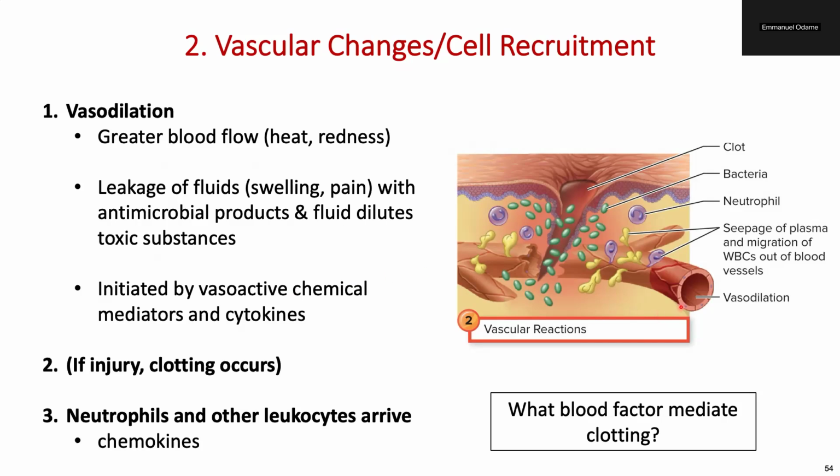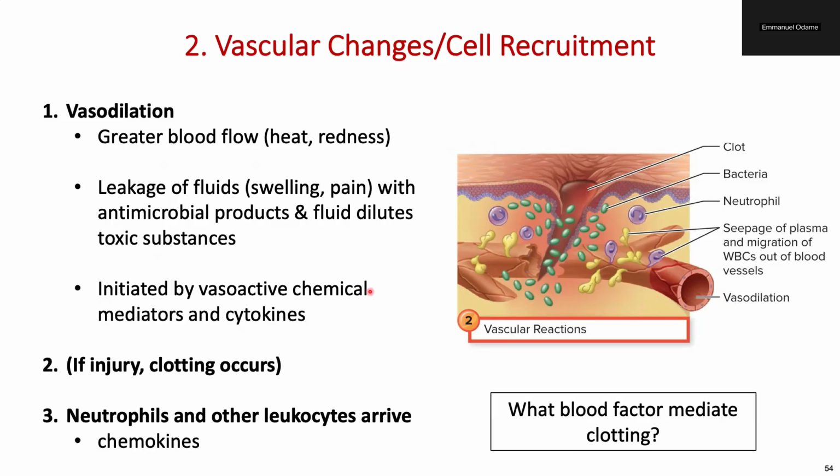And what happens is that in nature, the blood vessels are more tightly constricted, and fluid flow from inside the blood to outside of the blood is super regulated. But during vasodilation, this flow is loosened in order to help your immune cells move from within the blood to outside, to the site of injury.